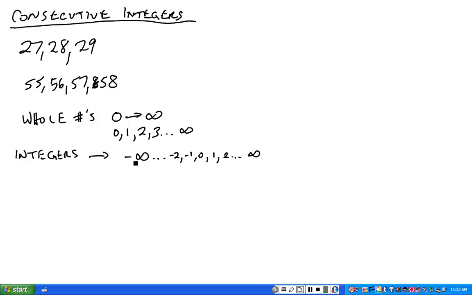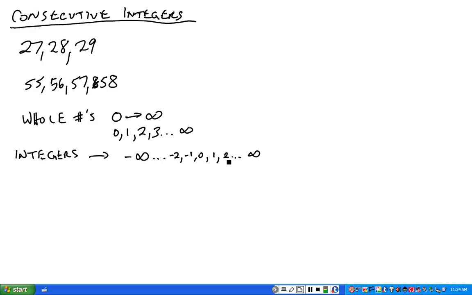Integers incorporate the entire number line, negative to positive, as far as whole digits are concerned. So negative infinity, negative 101, negative 94, negative 83, negative 72, negative 52, negative 2, negative 1, 0, positive 1, positive 2. Still no fractions, no decimals, no radicals.